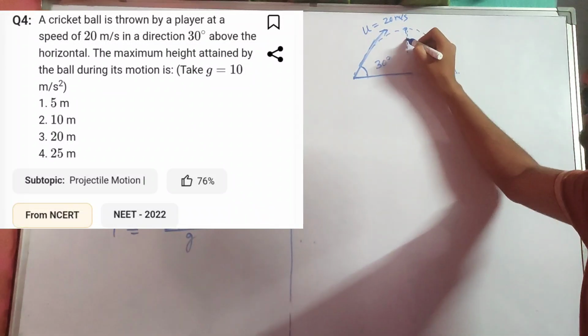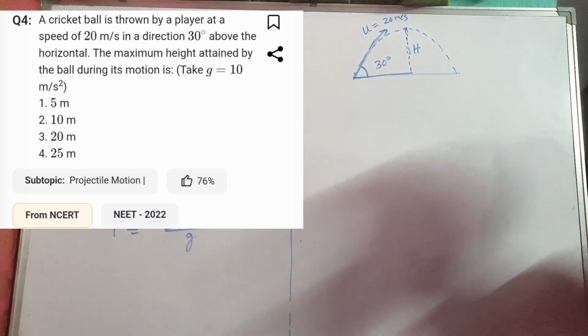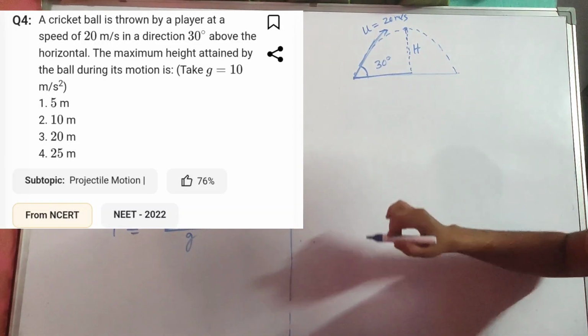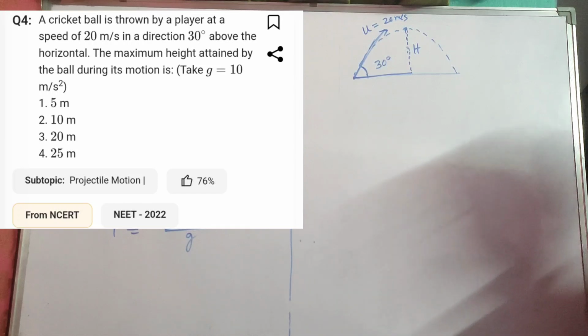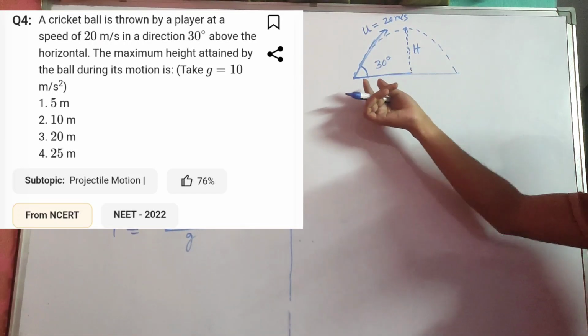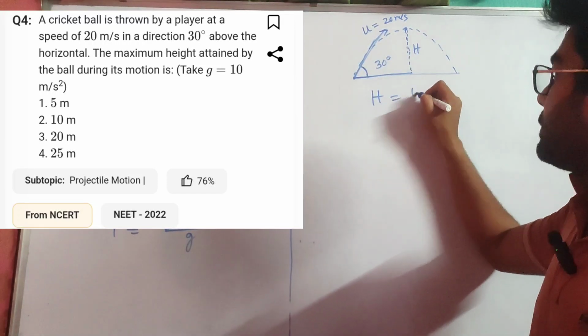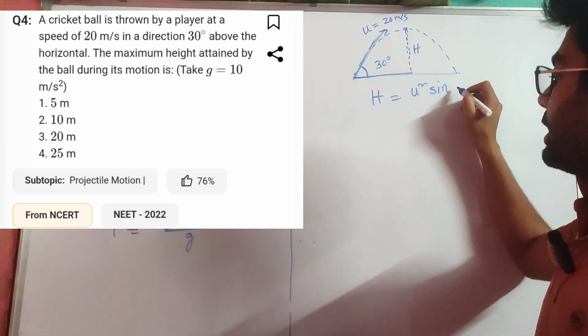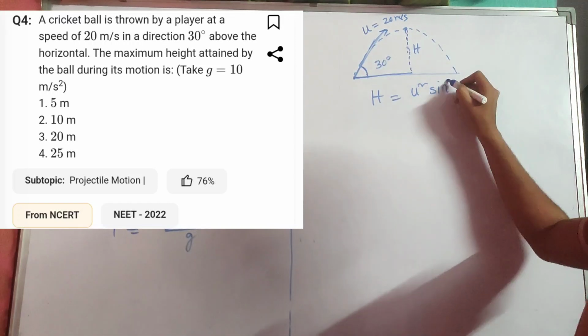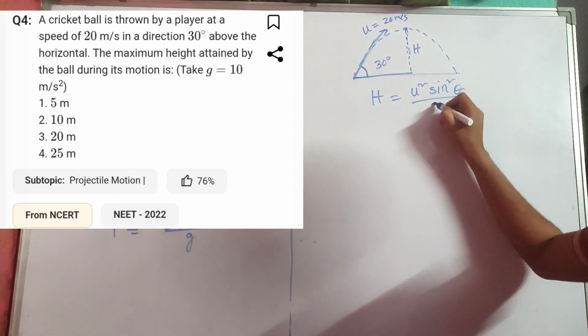We know the formula for the highest height: H equals u square sin square theta by 2g.